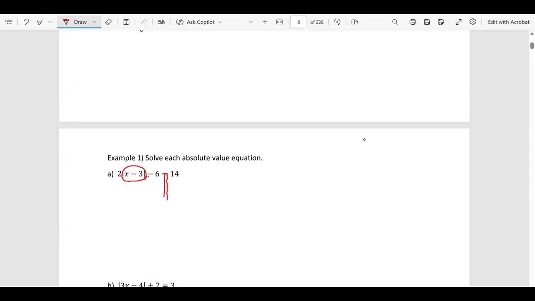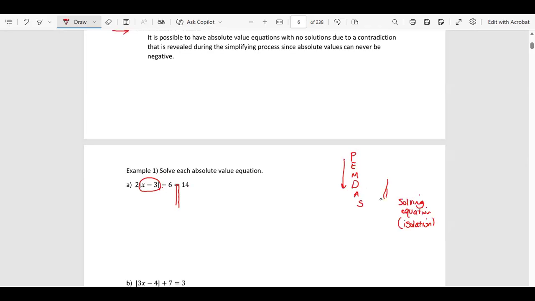Something we know is that when we are working with operations, we always follow PEMDAS. But when we are solving an equation or isolating a variable, we are again following PEMDAS, but in a backward direction.